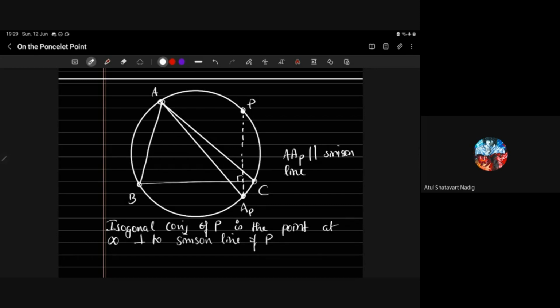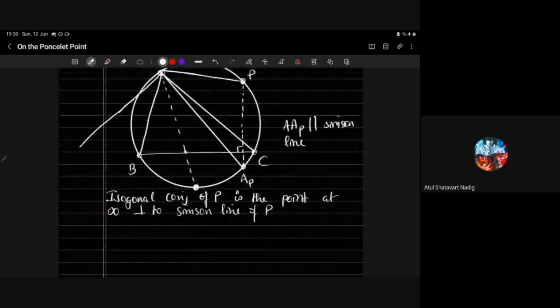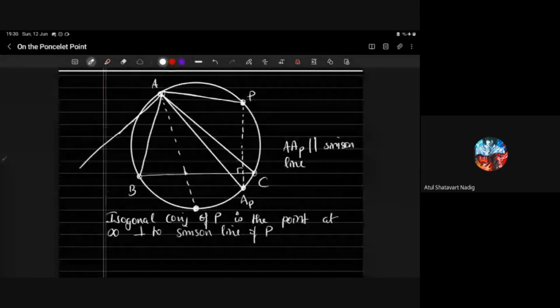Okay, and let's consider the angle bisector of A. So how we construct the isogonal conjugate of P is you take line AP, reflect it about the angle bisector. Similarly, you take BP, reflect it about the angle bisector of B and so on. So what I'll do is let this intersection be P prime.